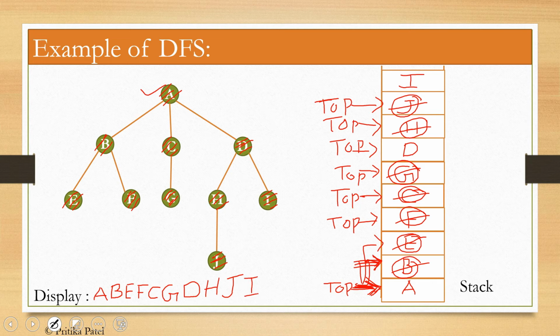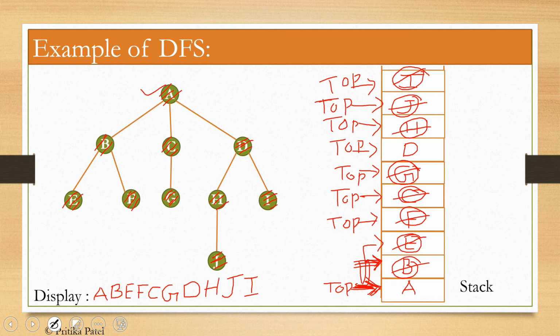Now I becomes the top of the stack. Now again check whether the top of the stack, that is I, has any adjacent unvisited vertex. No, there is no adjacent unvisited vertex, right? So the else part is executed. So pop the top element of the stack. The topmost element here is I. So I is popped from the stack, right?